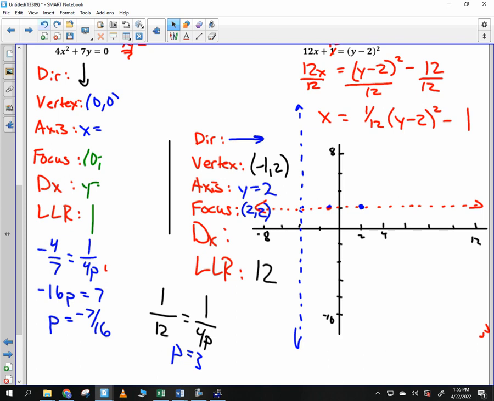The directrix, as we said, was x equals -4, and the length of the latus rectum is 12. So that means I go how many units in each direction? 6. 2, 4, 6, and 2, 4, 6.